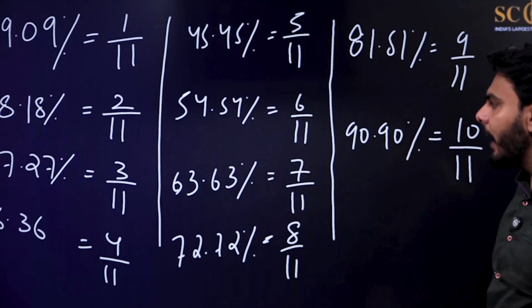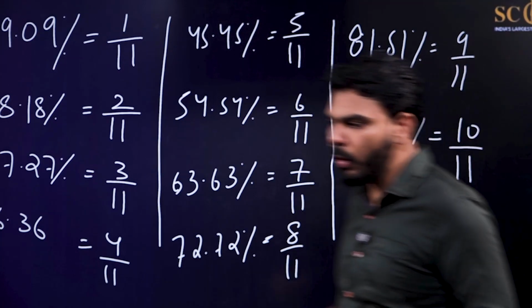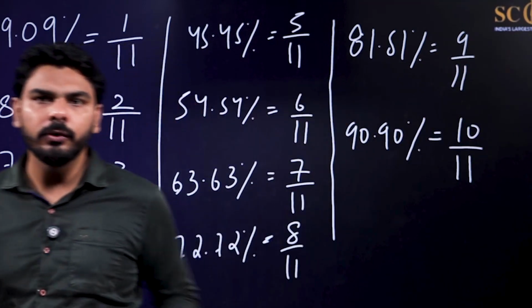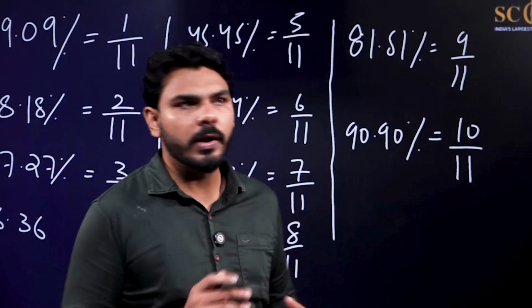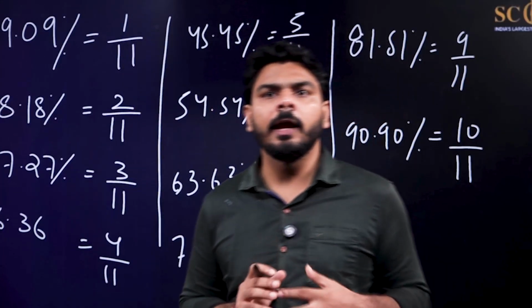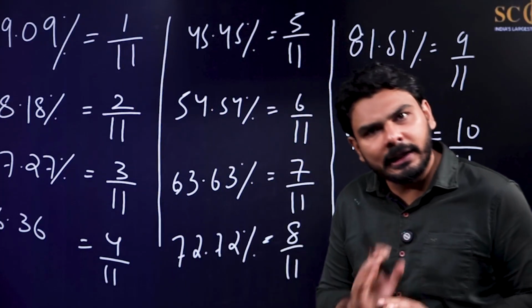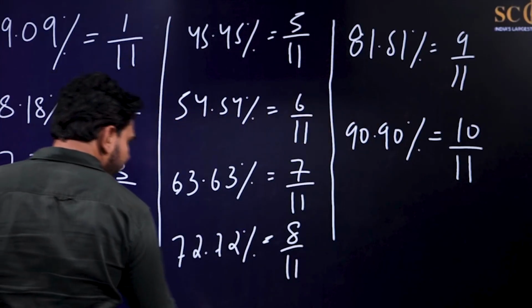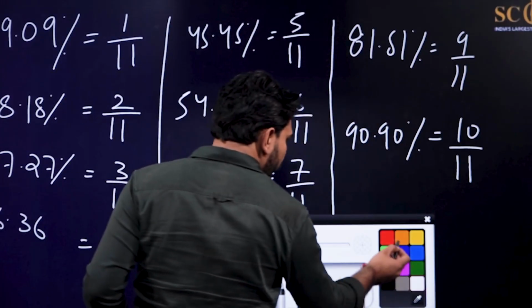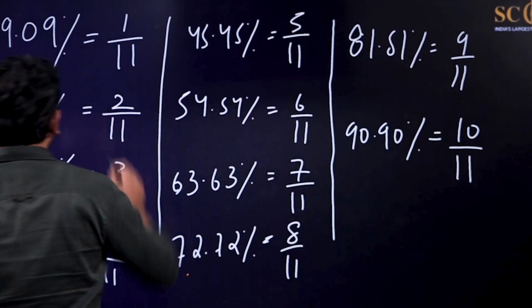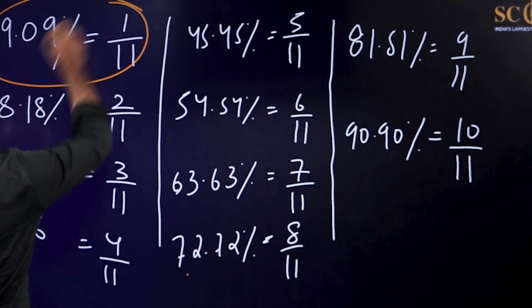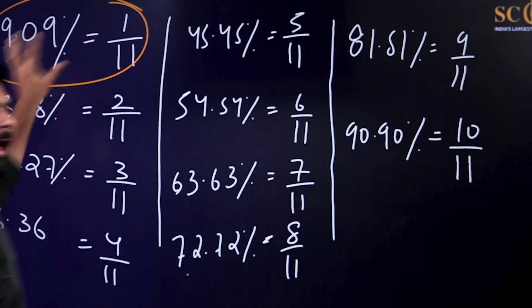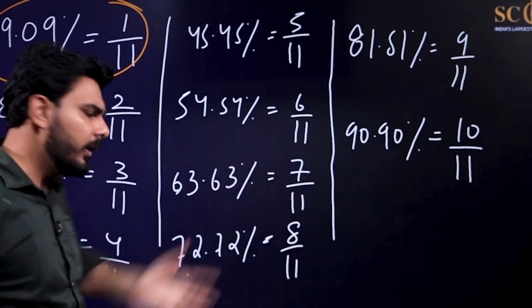So now I think up to here I have written all the values that will be helpful for you. If you remember these values, it's okay. If you can't remember them, then also it is fine, because you just have to remember some important values. If you don't want to remember all of these values, there is no need actually. You just remember this value, because if you remember this value, other values will automatically be remembered.